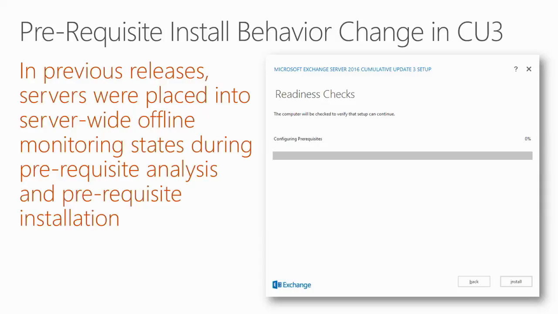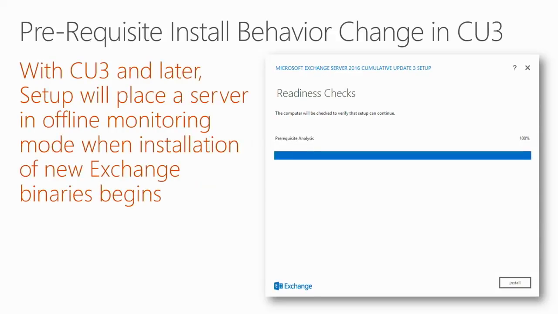Once the prereq phase is done, setup will just go ahead and do its thing. And the change is the same, by the way, for both the GUI and the command line install. The difference being that the command line install gives you a key to press if you want to pause it, versus a button you have to click, the install button in the GUI.